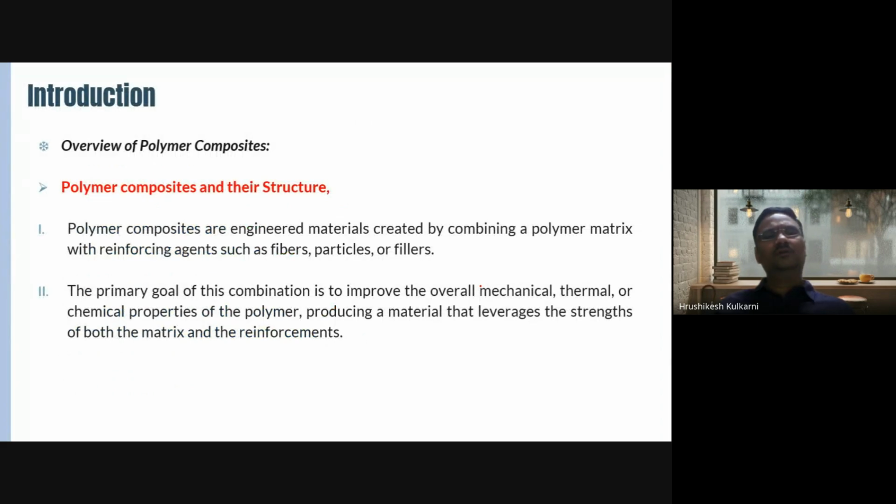All of you are aware of what is meant by composite. A composite is nothing but having two things together: one is called the matrix and the other is called the fillers. These fillers may be in particulate form, fiber form, or flake form. If we put them together, you get the composite. This is a simple definition of a composite: the addition of a reinforcement into the matrix to form the final composite.